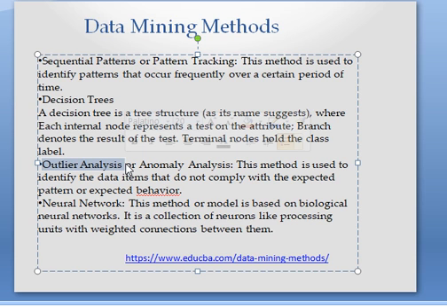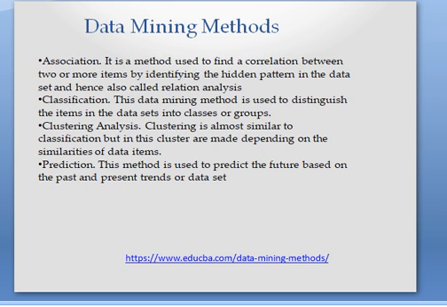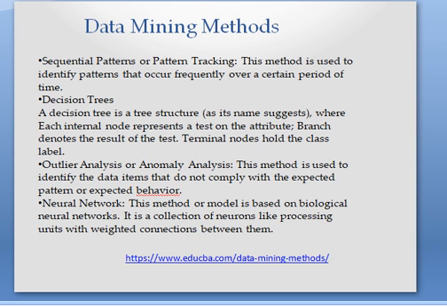Neural network, probably some of you have already learned about artificial neural networks. The logic of a neural network is based on biological neural models, how a neuron sends information out. So in some ways it's a black box, and unlike a decision tree or classification where you have rules saying in this condition what happened, in that condition what happened, a neural network just tells you the output. Is this true or false?